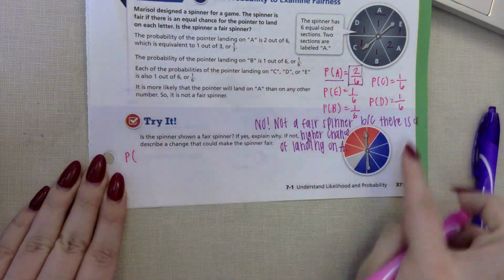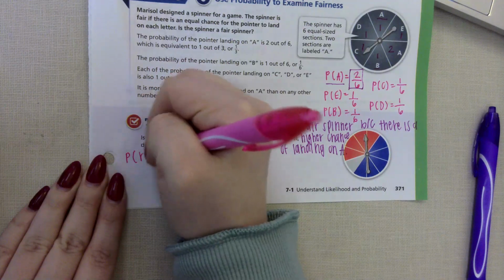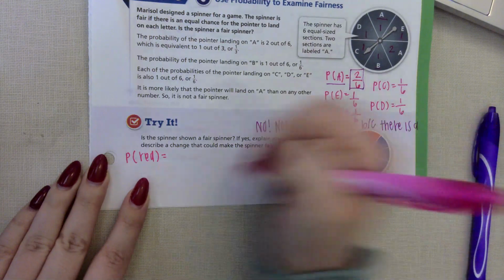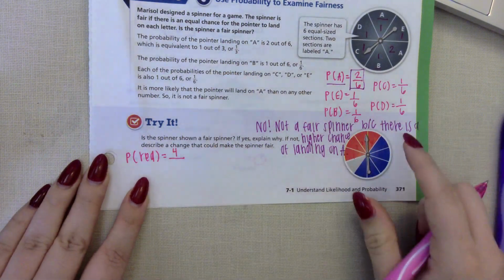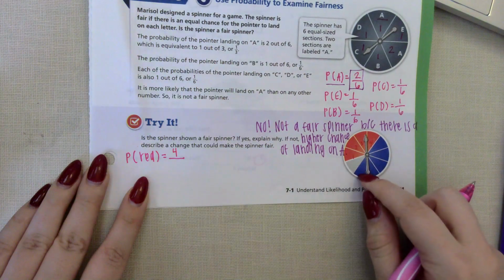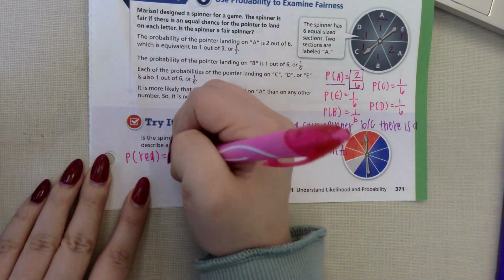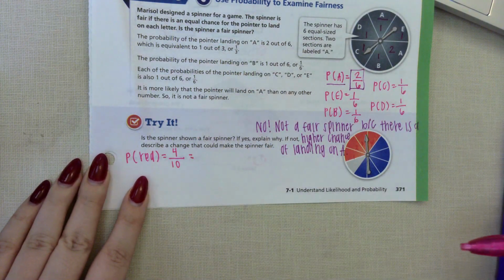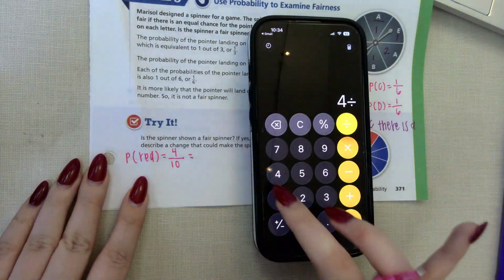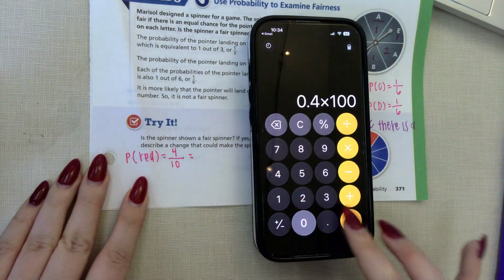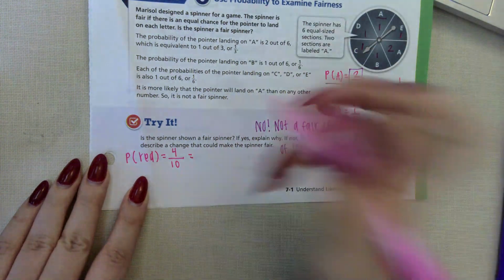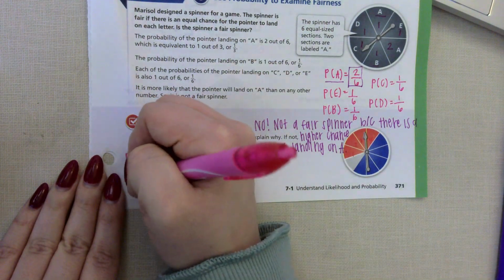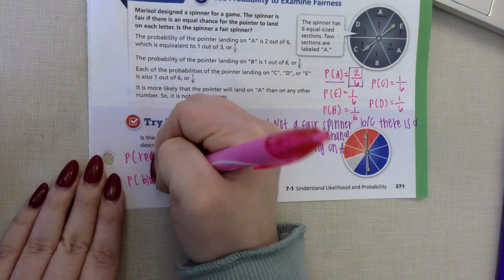So the probability of landing on red, there are 1, 2, 3, 4 reds out of a total of 1, 2, 3, 4, 5, 6, 7, 8, 9, 10 spots. 4 out of 10 we should know. If not, I can put it in my calculator. 4 out of 10 times 100 gives me a 40% chance of happening.